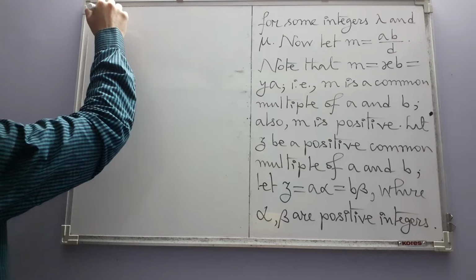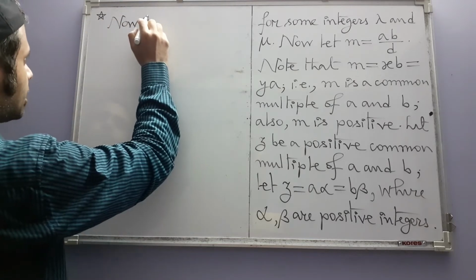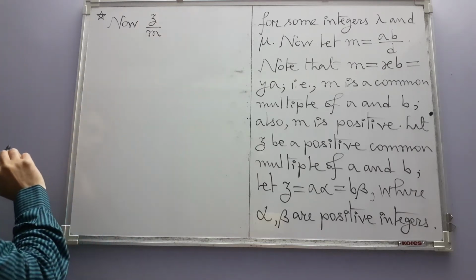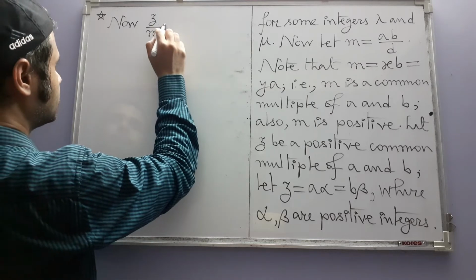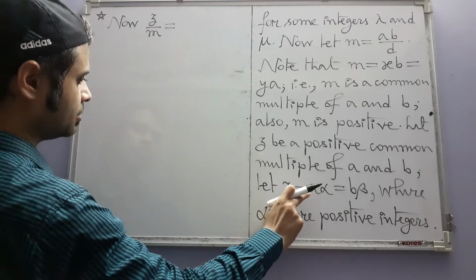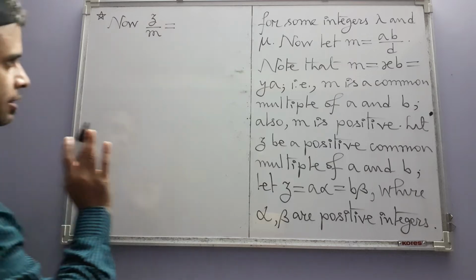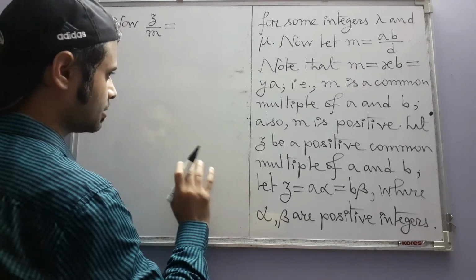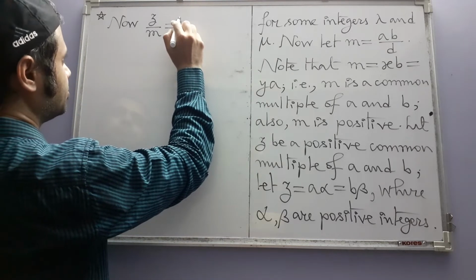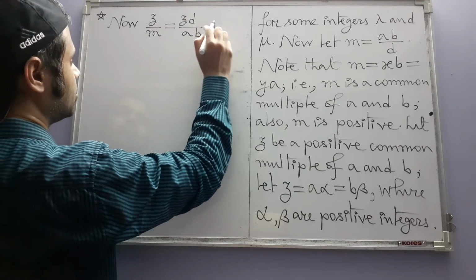Okay, now look at this, Z divided by M. Z divided by M is what? Okay, but before we do anything to Z, let's just for a moment keep Z as it is and use M. So we will have Z D divided by AB.